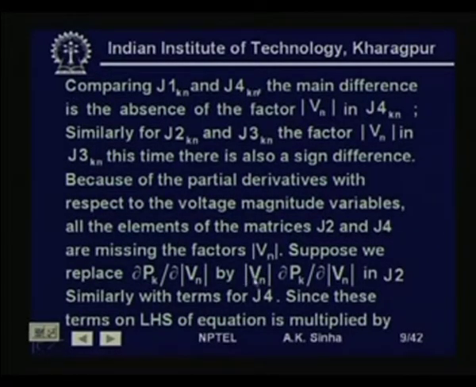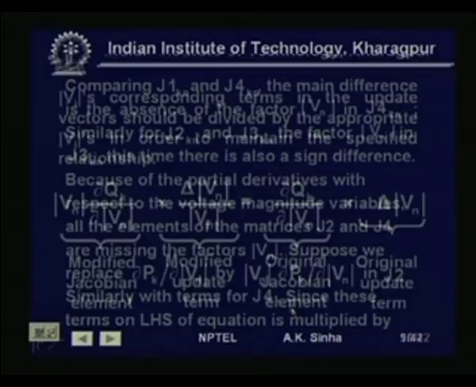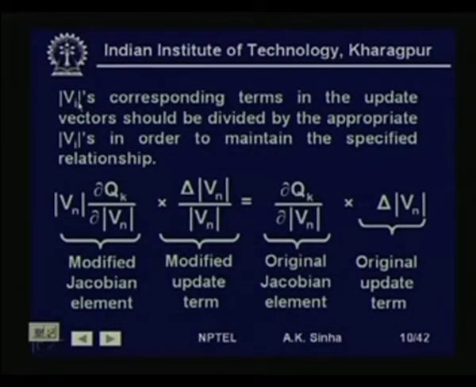So we replace this by Vn times ∂Pk/∂Vn in J2. Similarly, the terms for J4 can also be multiplied by Vn. Since the terms on the left hand side of the equation are multiplied by Vn, the corresponding terms in the update vector should be divided by the appropriate Vn in order to maintain the specified relationship. That is, what we have done is multiplied ∂Qk/∂Vn by Vn.